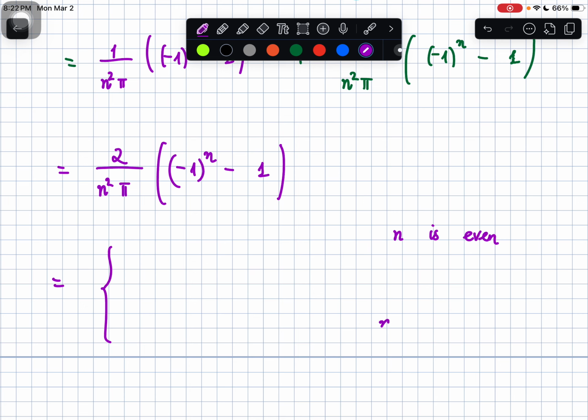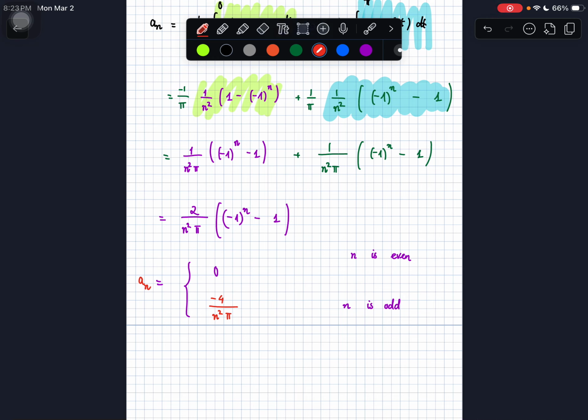If n is even, this term is 0, so it makes the whole thing 0. If n is odd, this term is minus 1, minus 1, minus 1, so minus 2 times 2, minus 4 over n squared pi. So this is our an. You can use either this formula or this formula.